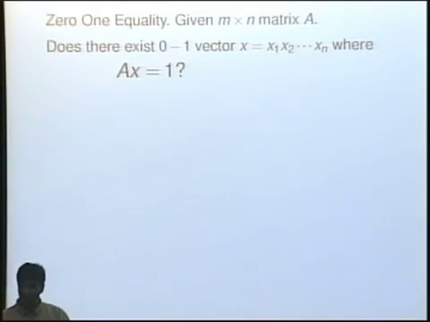Does that make sense? So this is just a matrix form, but it's a set of equations and 0-1 variables, and you want each equation to add up to 1. The right-hand side happens to be 1.